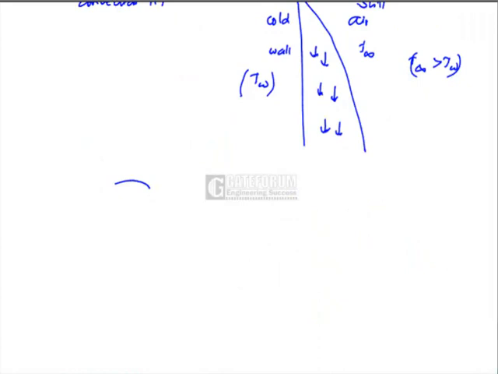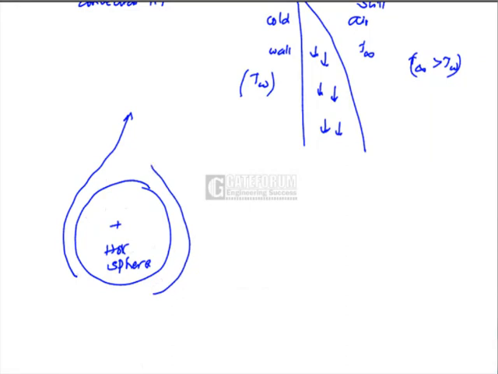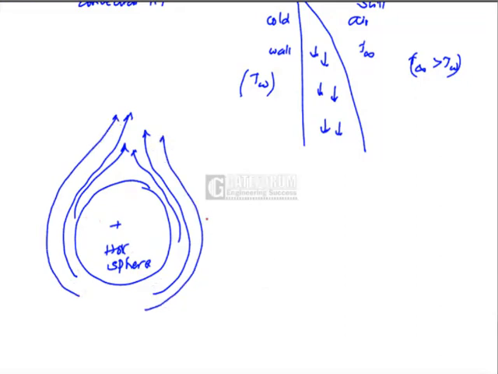I can put a hot sphere kept in still air, which gets displaced. The air gets displaced in this fashion. Cold air, this is the hot sphere, and the displacement of the air is shown in the form of arrows.